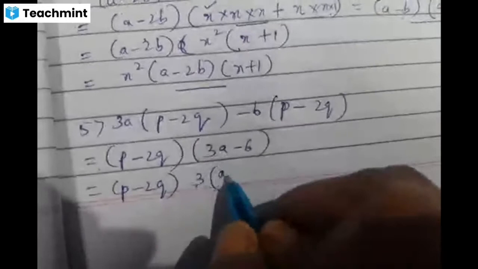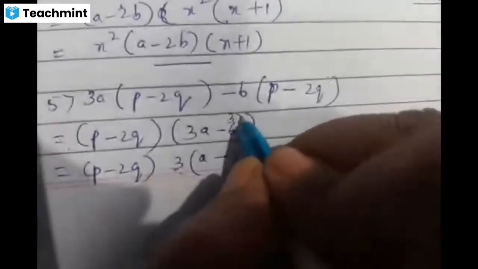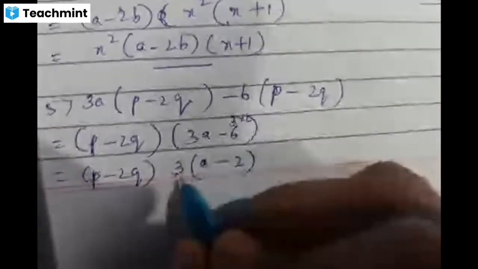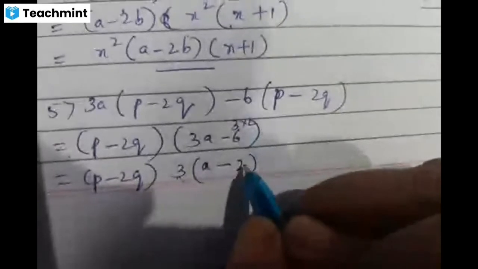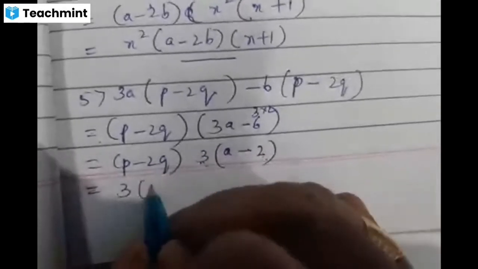What is left? A minus. I want 6 means with what should I multiply? 3 2s are 6. Because 6 can be written as 3 into 2. So if 3 is kept outside, what will be left inside? 2. So a minus 2. Now I'll write this expression as 3 into p minus 2q into a minus 2.